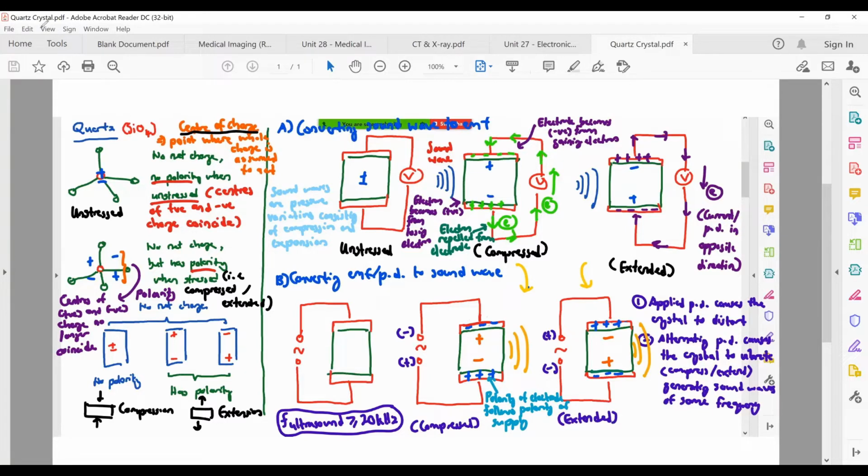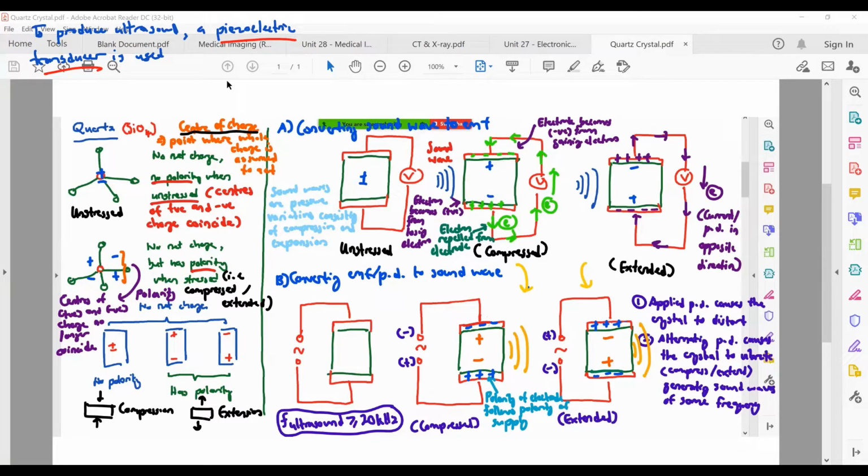If you want to produce ultrasound, a piezoelectric transducer is used. You use something which we call a piezoelectric transducer.